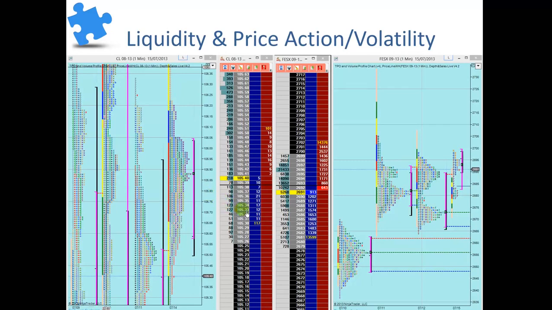So all it takes to know how liquid a market is, to use order flow to predict how liquid that market's going to be, how volatile your market's going to be on any day, is just take a look at the DOM once every 15 minutes. Get a feel for what level of liquidity is typical, and be prepared for the price action to change as the liquidity changes.